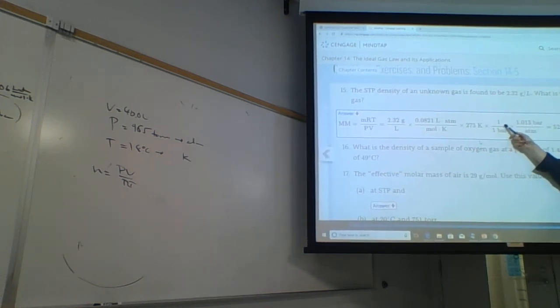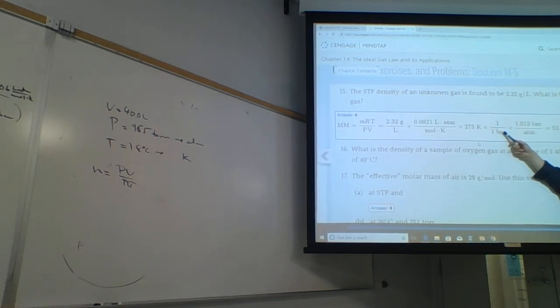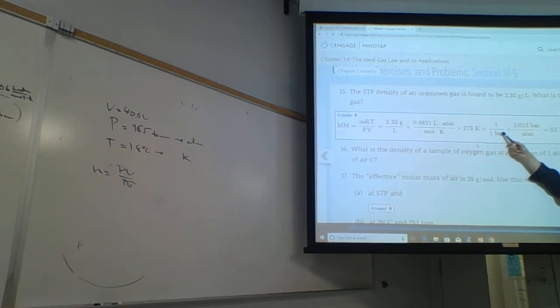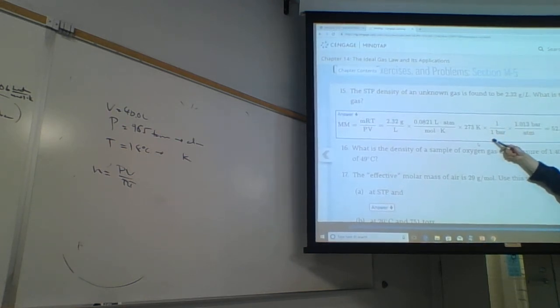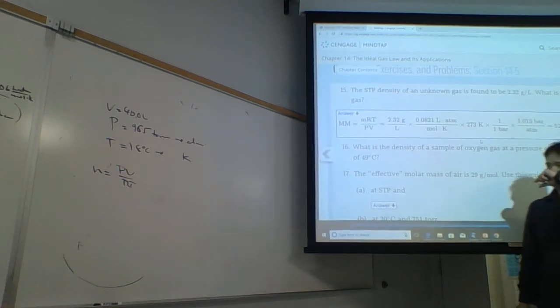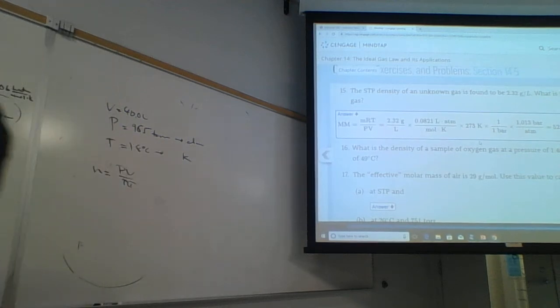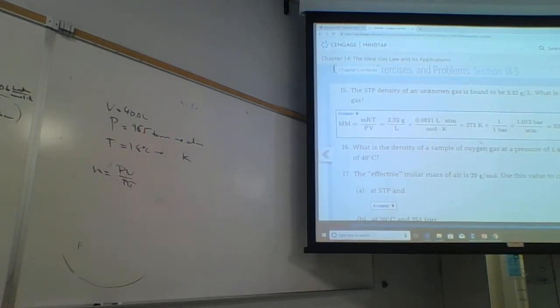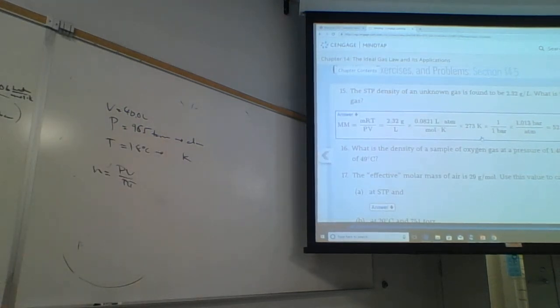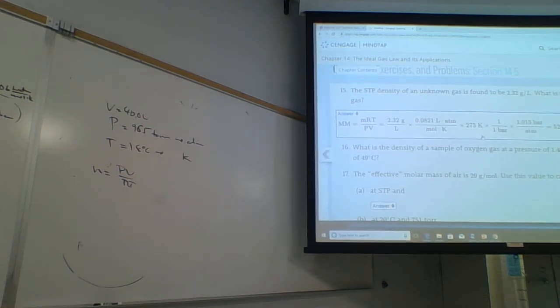I don't know why they're doing this. This doesn't make sense. X that out. How do I know it's bar? Because STP can be 1 atmosphere, 0 degrees C, or 1 bar, 0 degrees C. Depends on who you talk to.